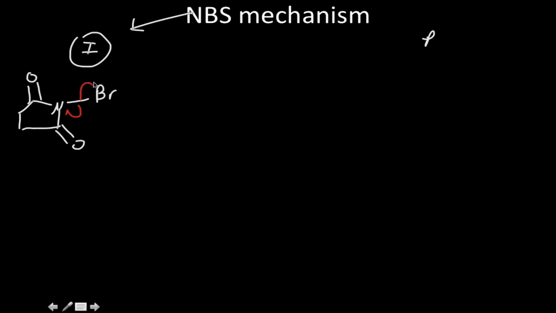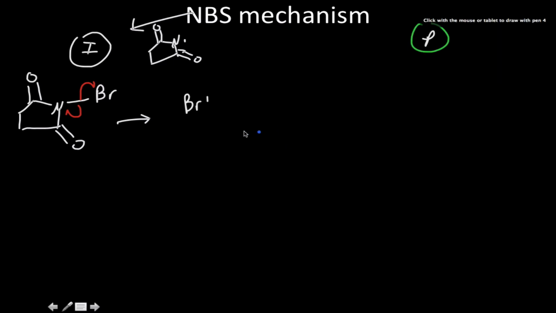We have a homolysis occurring to give us Br radical and a, I don't even know what the name is for that compound, a radical on a nitrogen, but that's not so important. Well, so the next thing that's going to happen is the propagation phase.